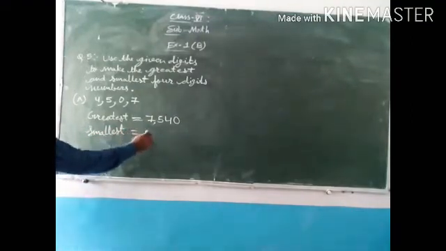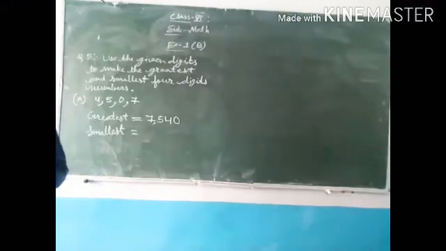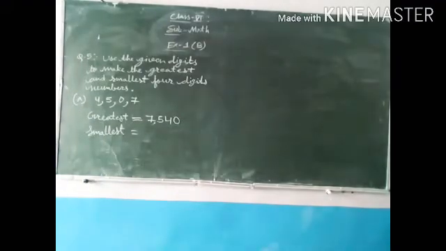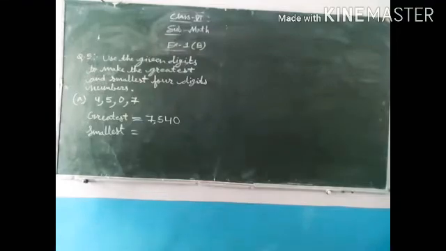Now the smallest 4-digit number. The smallest 4-digit number we will have to write in ascending order. In ascending order means first the smallest digit, then bigger, then bigger, and in the last the biggest.